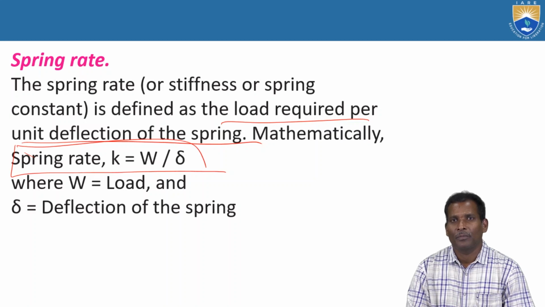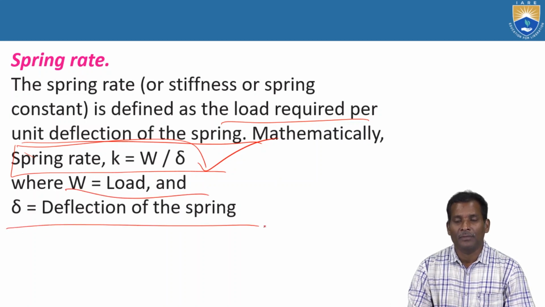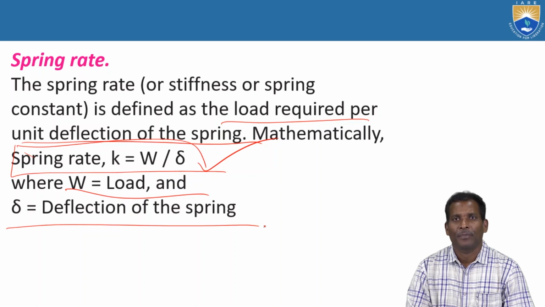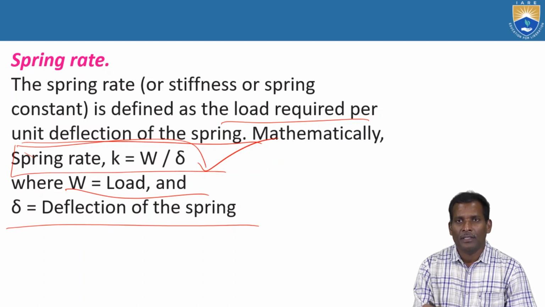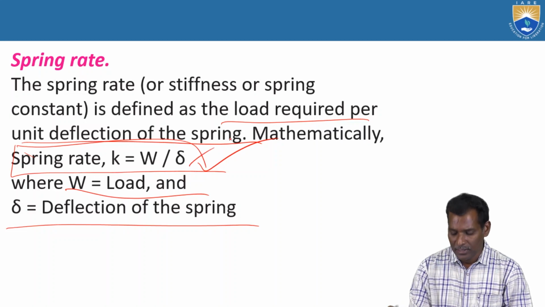You can measure it with the help of this empirical relation: load per deflection. W is the load and delta is the deflection of the spring. The spring rate K is equal to W by delta.